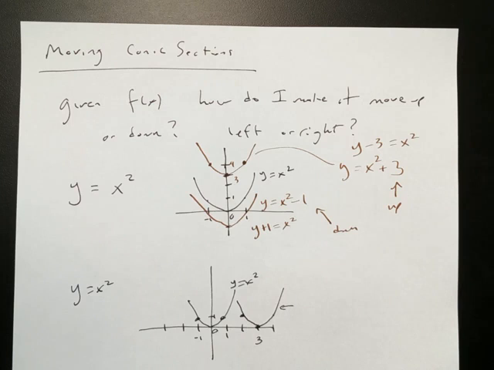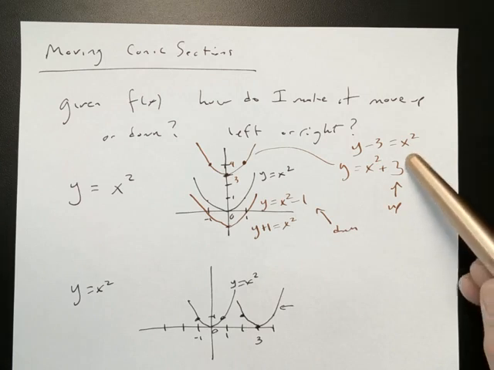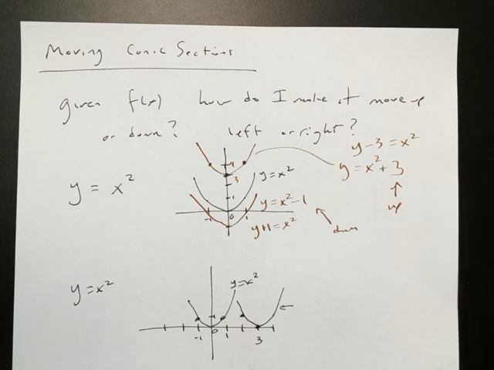The reason I want to think of it that way is because now I'm going to think about shifting to the right. The right is the positive direction for x. So my brain says I should add 3. But if I add the 3 to the x side, that'll be backwards. So let's subtract 3.